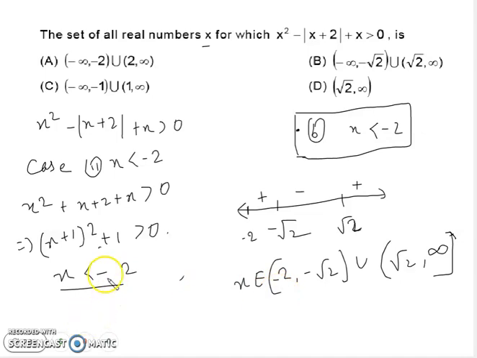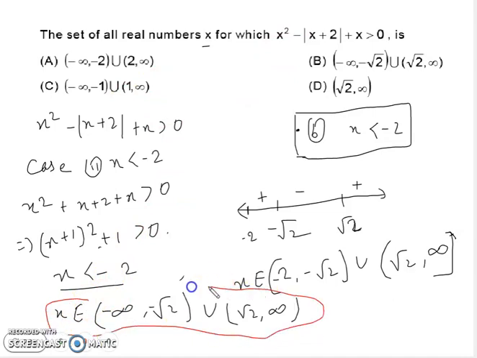After taking the union, x belongs to minus infinity to minus root 2, union root 2 to infinity. This is very simple, because the first range lies from minus 2 to minus root 2, and from case 2, x is also less than minus 2. So the range will be this, and it will be the correct answer.